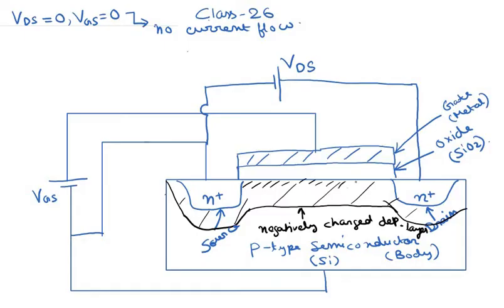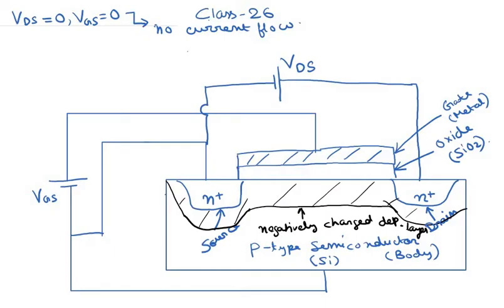Now beyond that point, if we increase VGS, no more holes would be repelled from the surface because there are no holes at the surface.